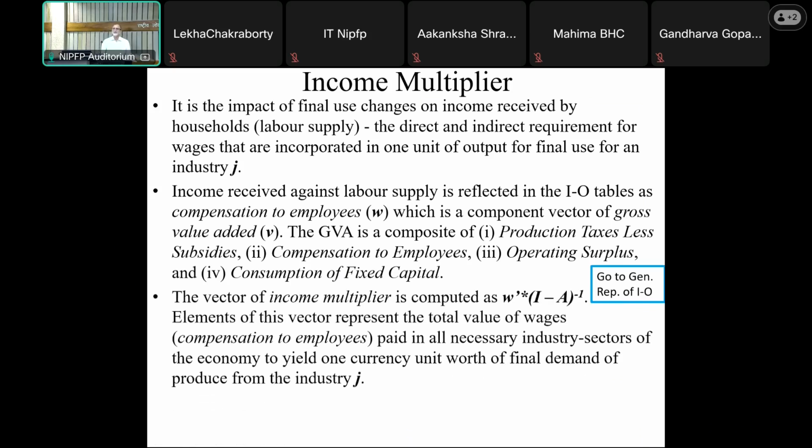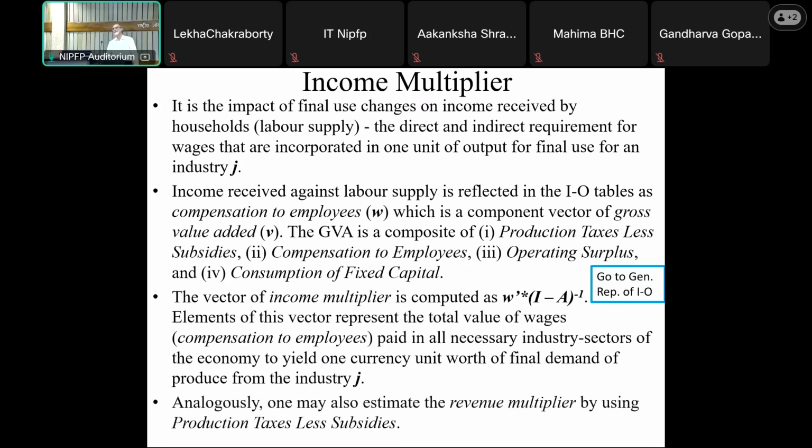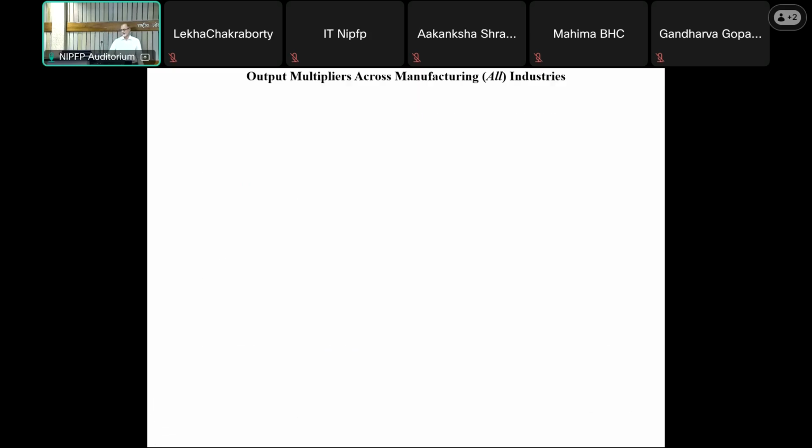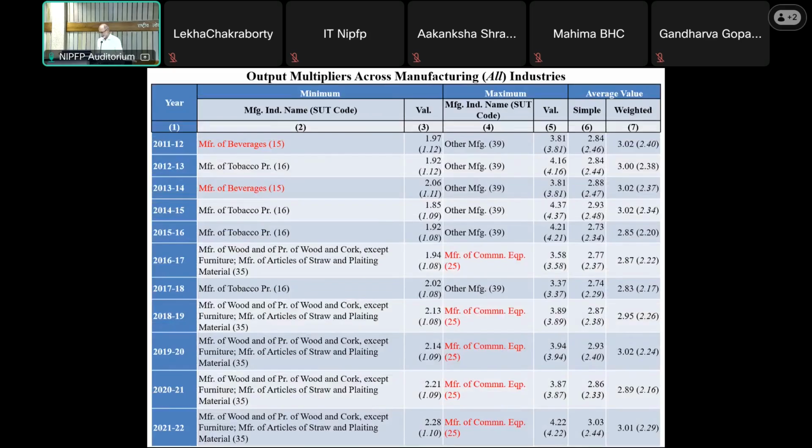So the vector of income multipliers, grant me that I would have done it correctly, gives this result. Output multipliers across manufacturing and all the industries show up like this. Let me help you read this table.